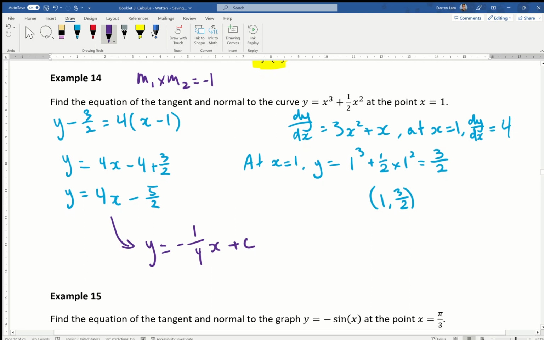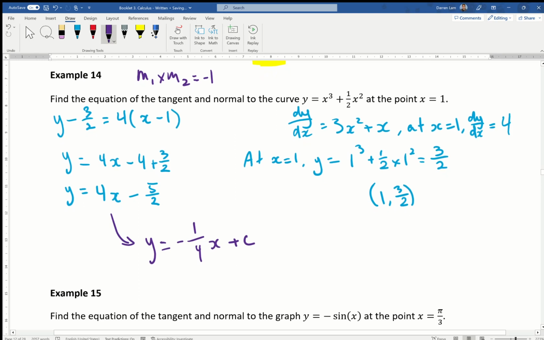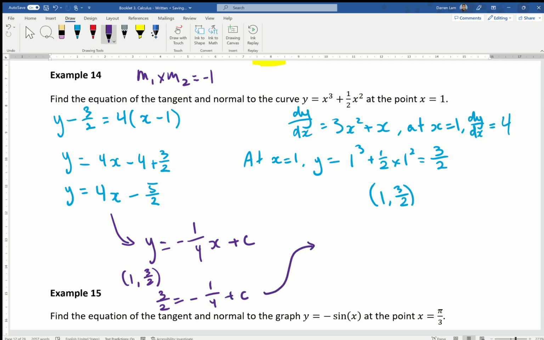I'm going to use this form, again, using the formula is perfectly fine. I'm going to substitute 1, 3 over 2, because it's the same coordinate, right? And there we get 3 over 2 equals negative 1 over 4 plus c, which, if I add 1 quarter on both sides, 7 over 4 equals c. Therefore, it's y equals negative 1 quarter x plus 7 over 4.